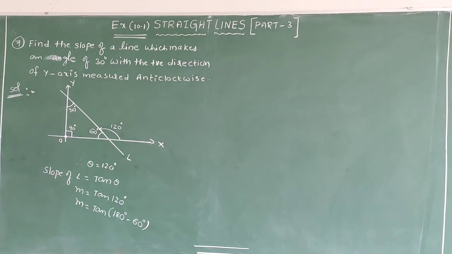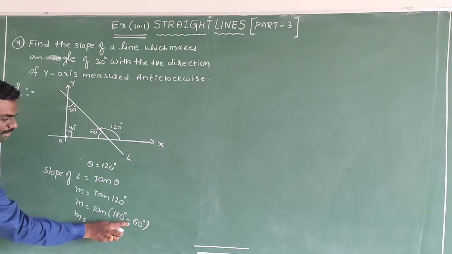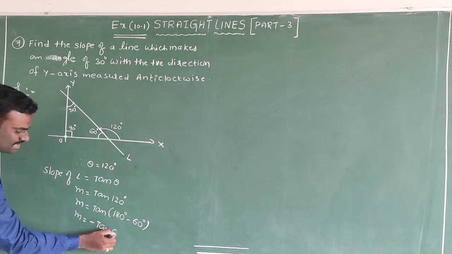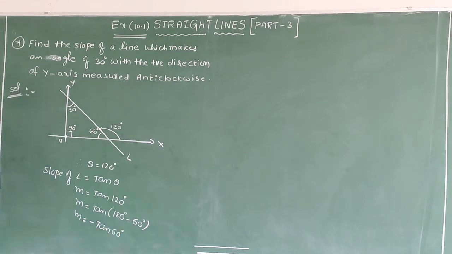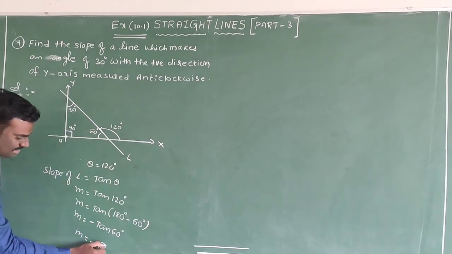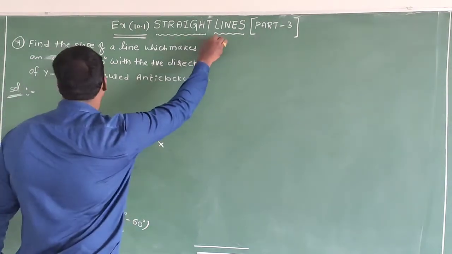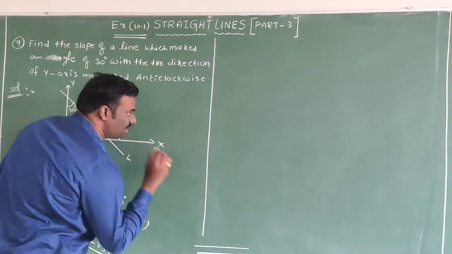Tan(180 minus theta) is nothing but minus tan theta, because 180 minus is in the second quadrant where tan is negative, so minus tan 60 degrees. What is the value of tan 60? Tan 60 is root 3. Therefore, the slope of the line is minus root 3. That is the answer for question number 7.